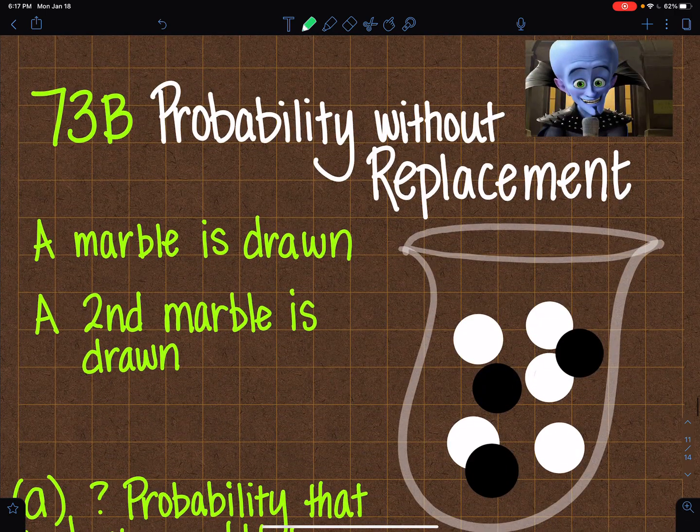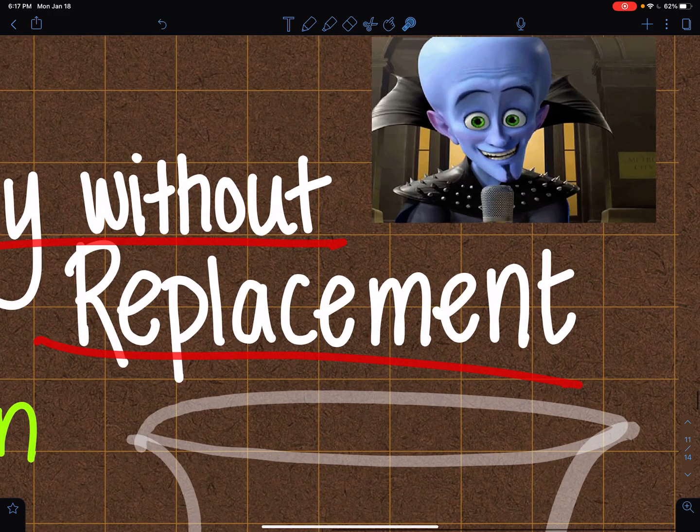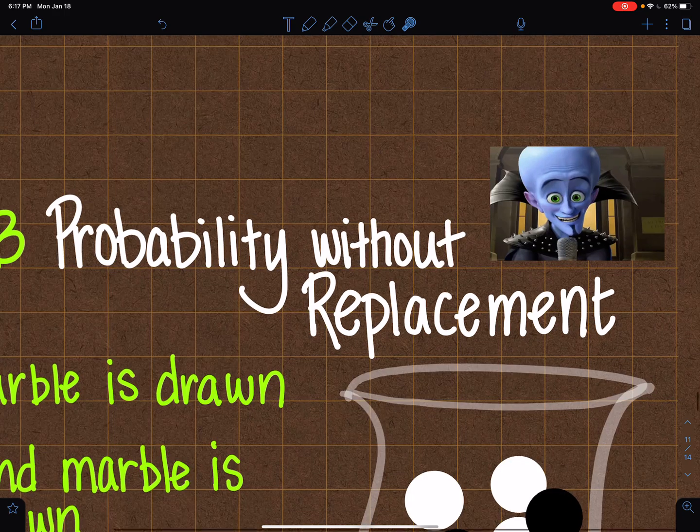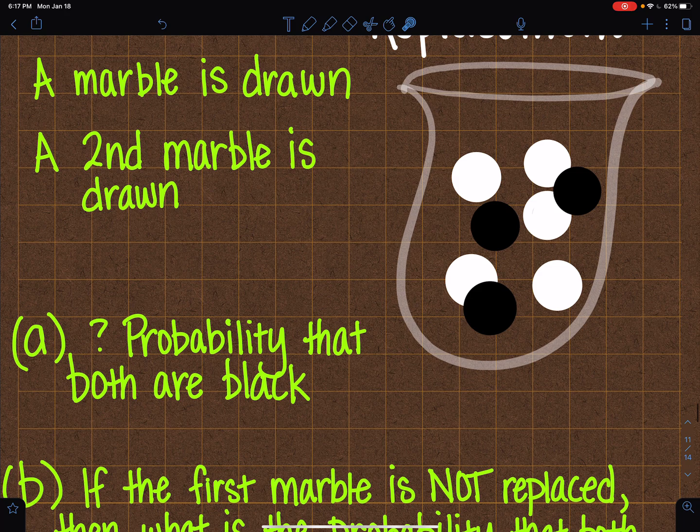Now we are finally moving on to probability without replacement. Basically, what we've been doing with probability problems is you draw a marble out of the urn, and then you put it back.